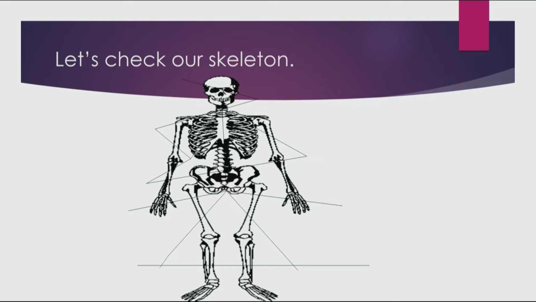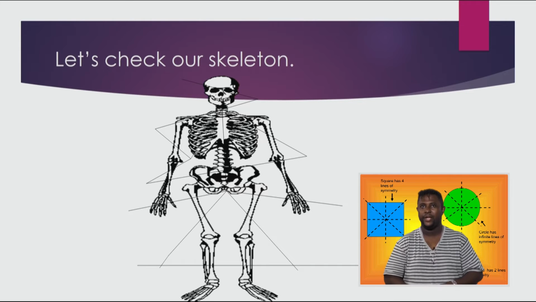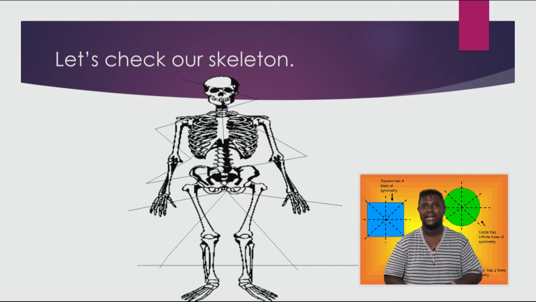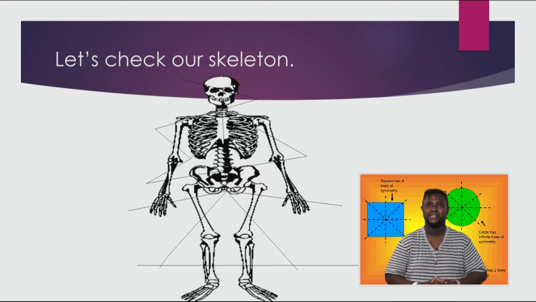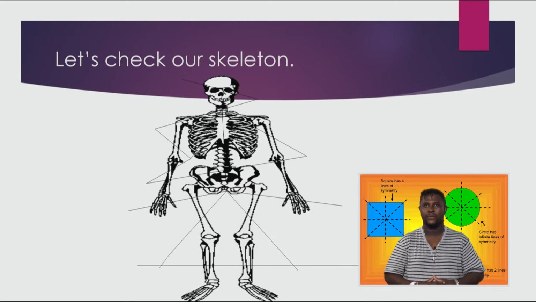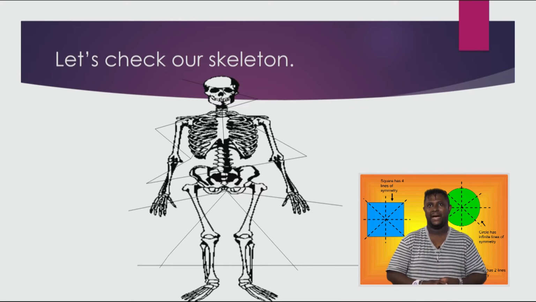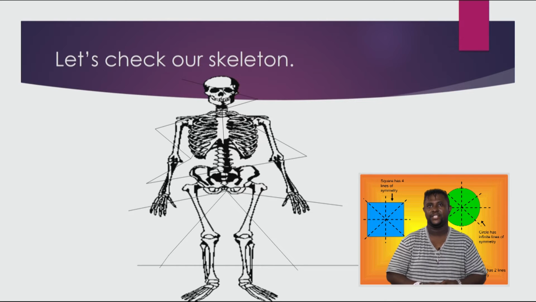So let's check out our skeleton. If I were to draw a line exactly in the center of the skeleton, will the left part be a reflection of the right part of the skeleton? Yes, it will.